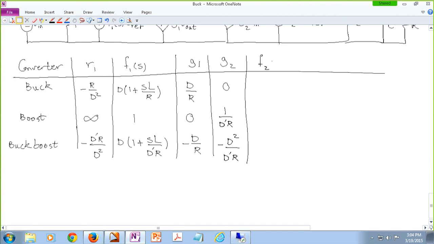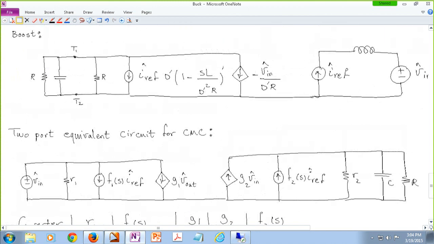And F2, for buck we had 1, for boost it is D prime times 1 minus SL over D prime squared R, which is something we found a few minutes ago, which is basically this term over here.